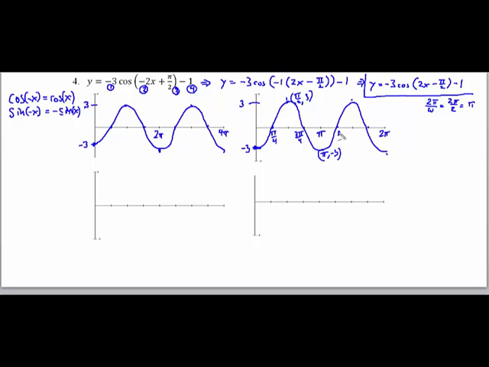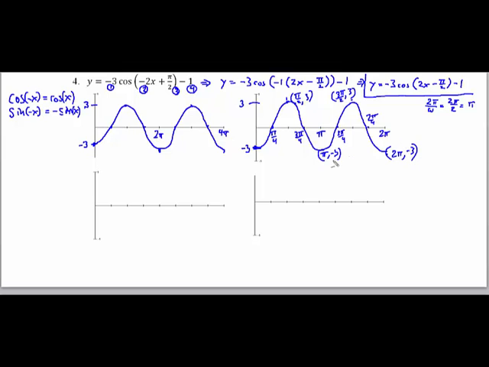And then 5 pi over 4, and then 6 pi over 4. But 6 pi over 4 is reducible down to 3 pi over 2, comma, 3. 7 pi over 4, and then finally 8 pi over 4, or 2 pi, comma, -3.